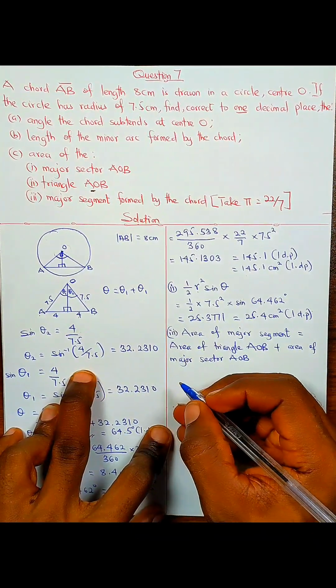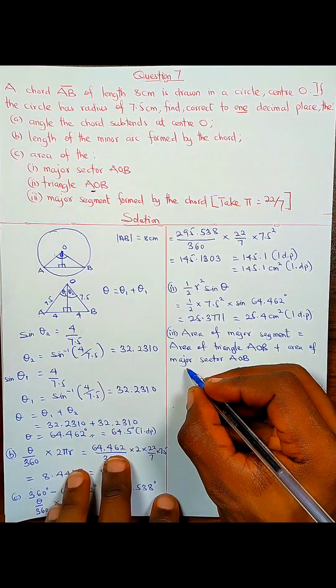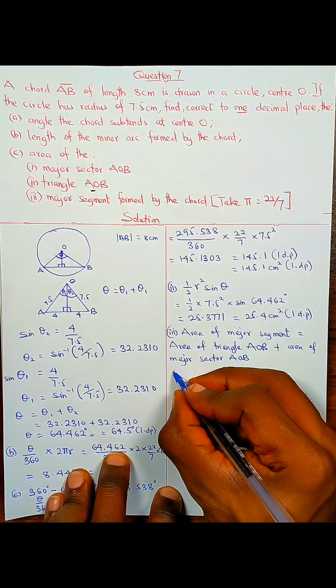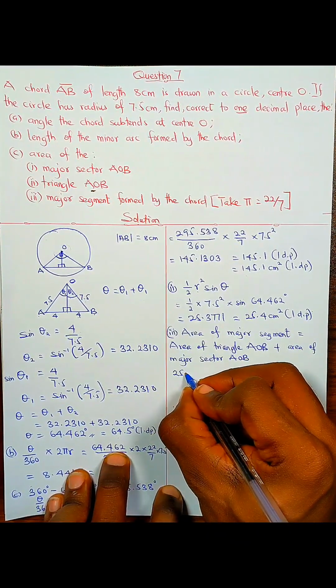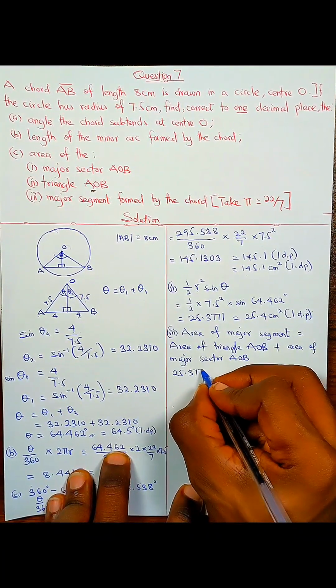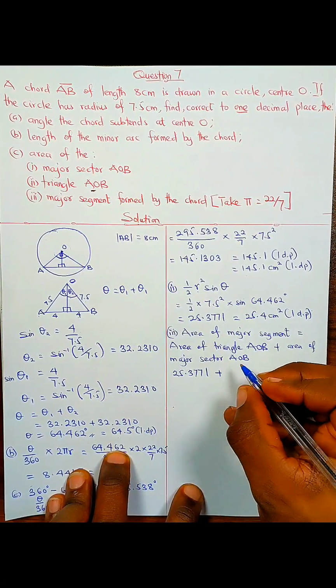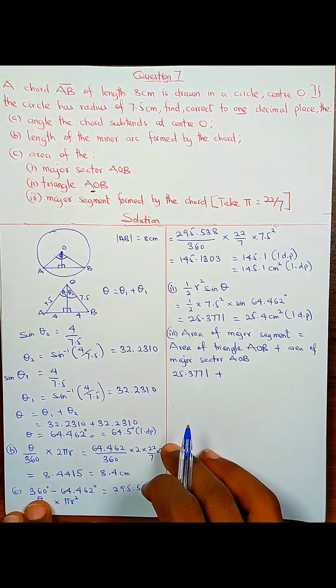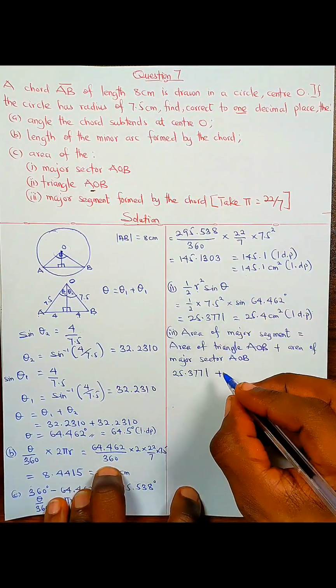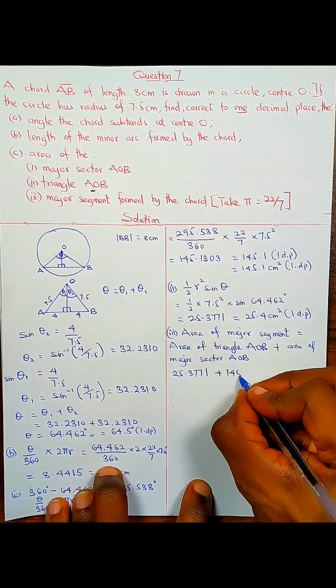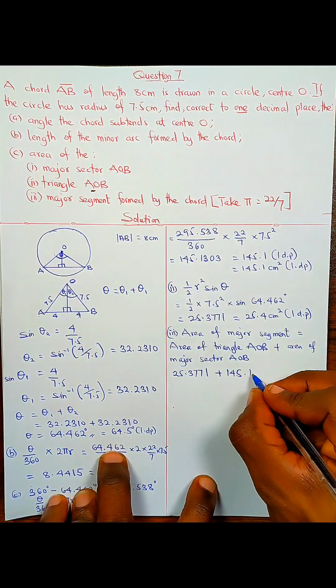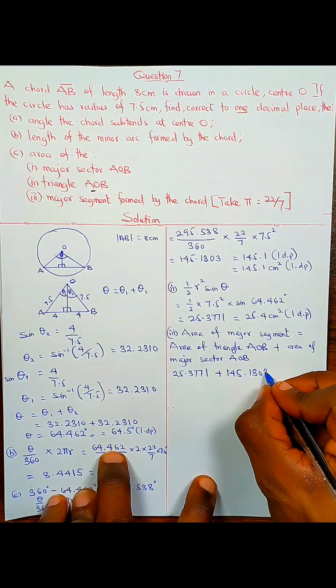The area of the triangle was 25.3771 plus the area of the major sector, which you got to be 145.1303.